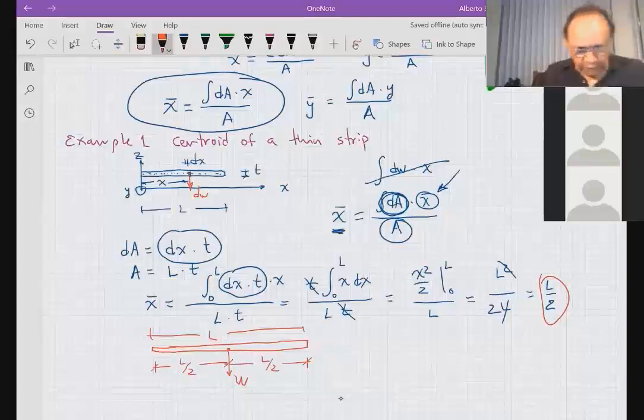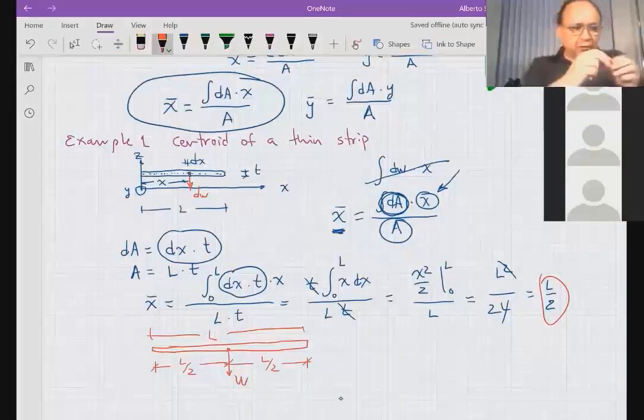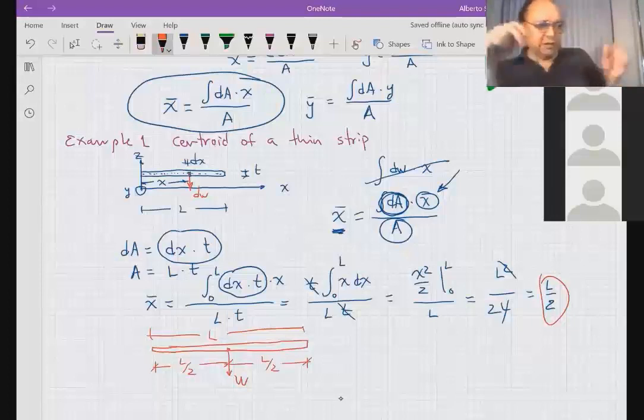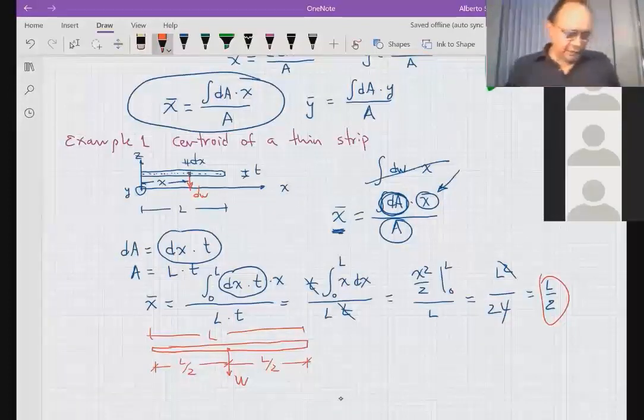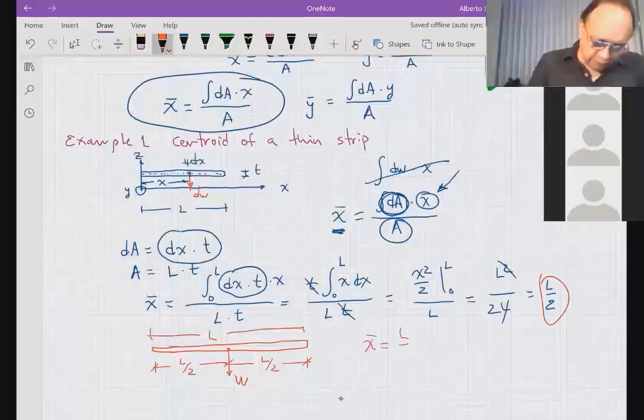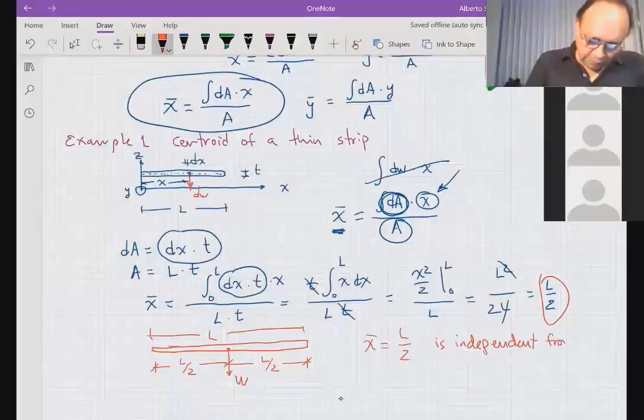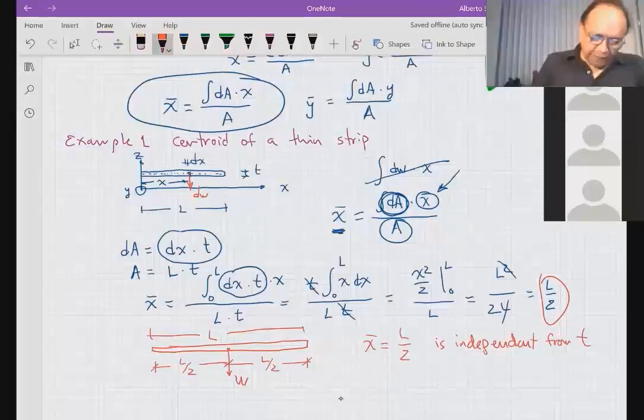Now we have proved that the center of gravity of a uniform material strip is in the middle of the length. And look at this location, x bar equals L over 2, it is independent from t. So we can have any t and we should get the same result.